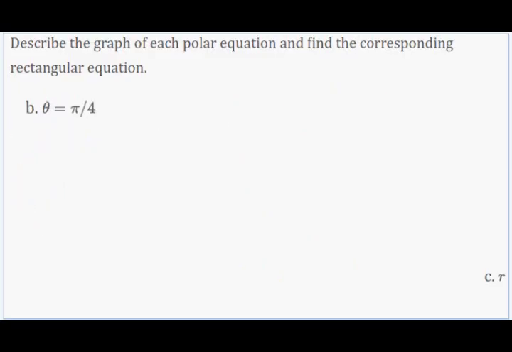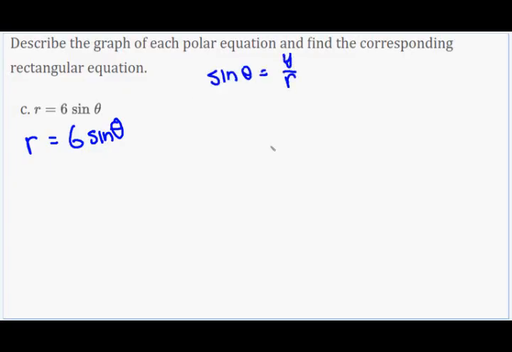Okay, now for the extra juicy one. r equals 6 sine theta. And we know that sine of theta is equal to y over r.